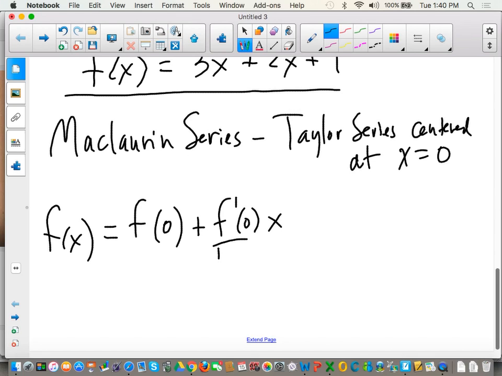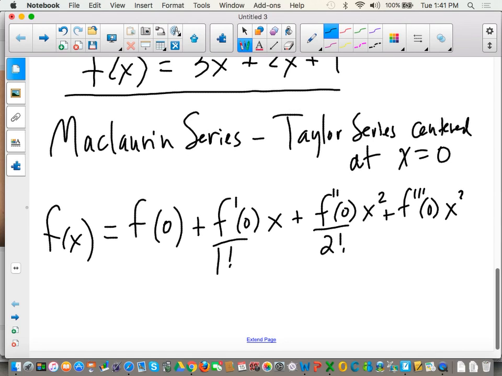I'll write that even though it's just 1. Plus the second derivative, x to the second, over 2 factorial, and so on. Third derivative. It's the exact same formula.